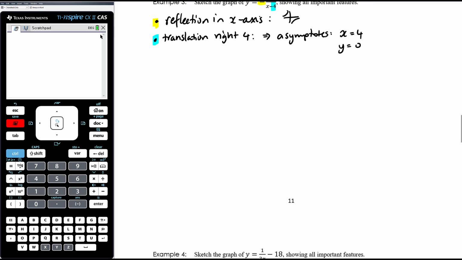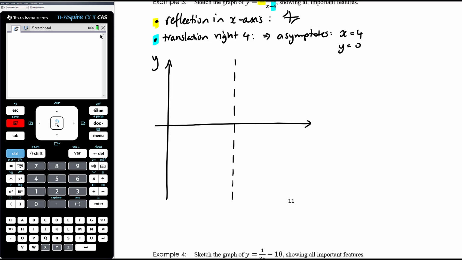So you want to think about where those asymptotes are going to be. So y equals 0 needs to be in the middle for our shape. We sort of want x equals 4 to be in the middle, so let's draw our y-axis over there so that we can draw in x equals 4.